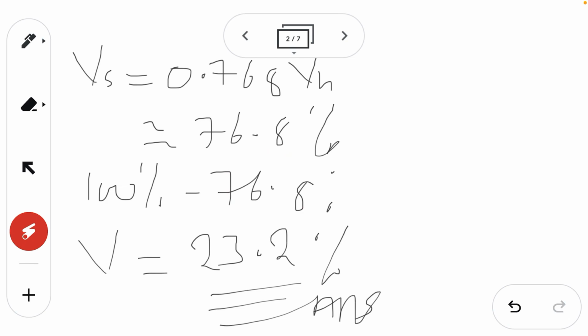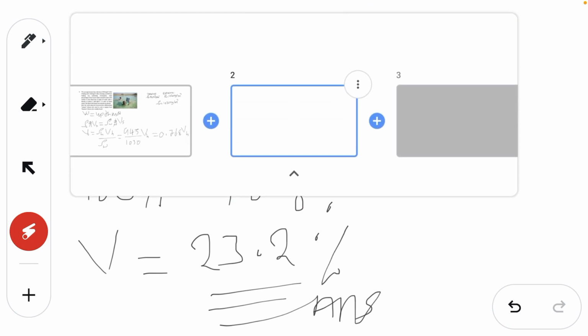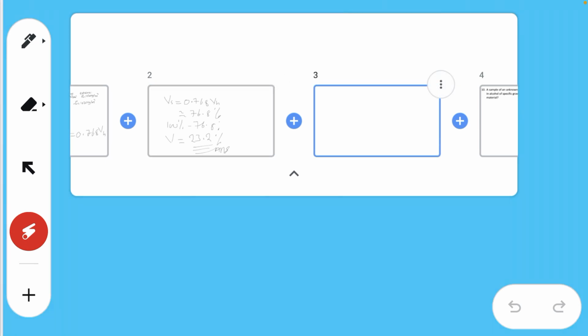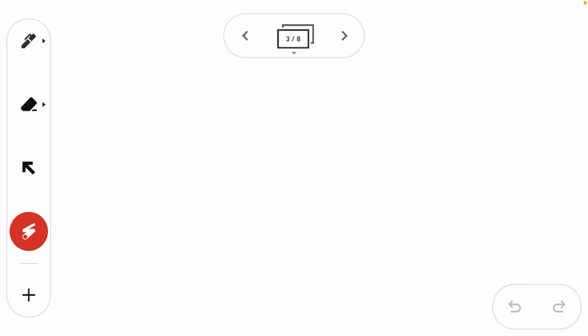All right, now let us consider the case in which the human is breathing out. We are told that when the human is breathing out, the density is higher.